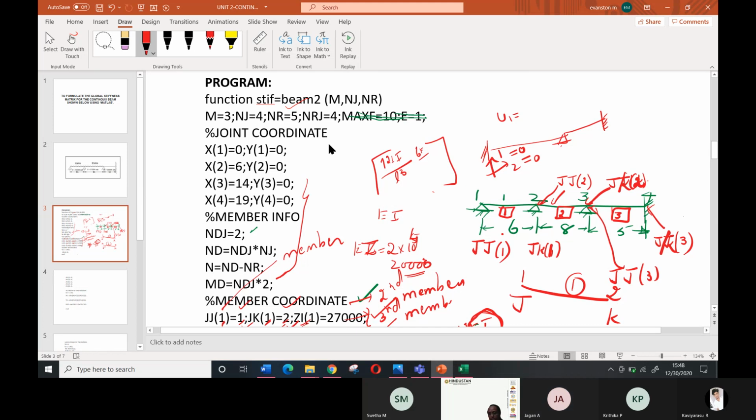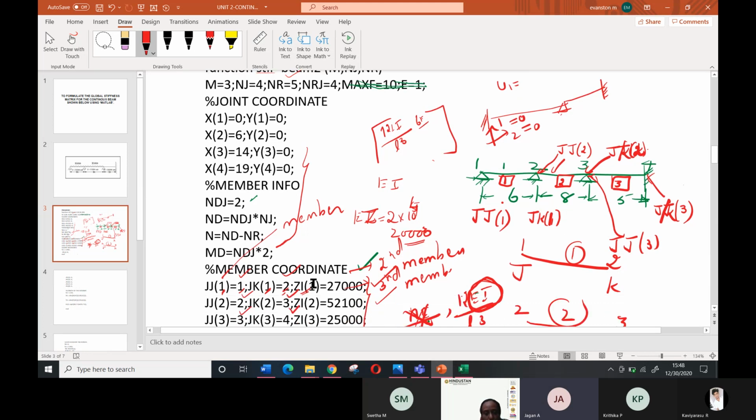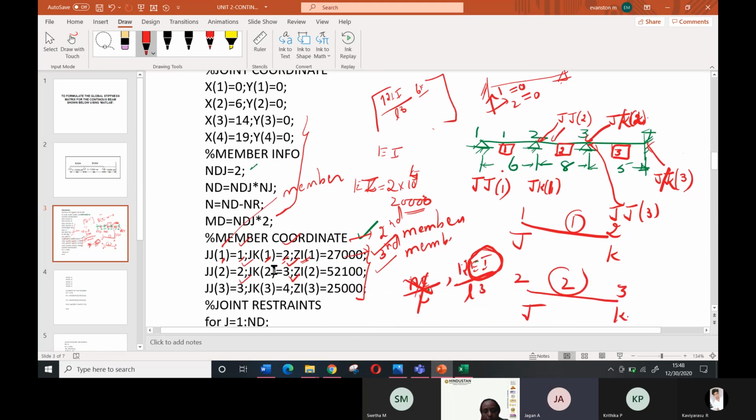Have you finished the member coordinates? Jagan, can you read it? One second, ma'am. Ma'am, member coordinates, ma'am. JJ of 1 is equal to 1, and JK of 1 is equal to 2.